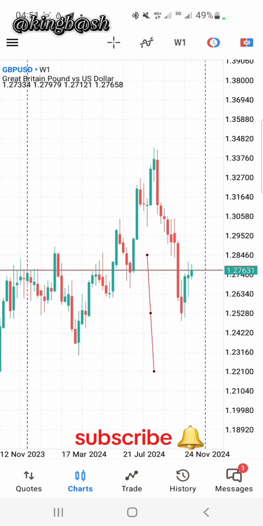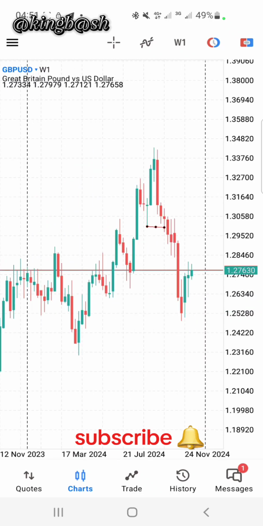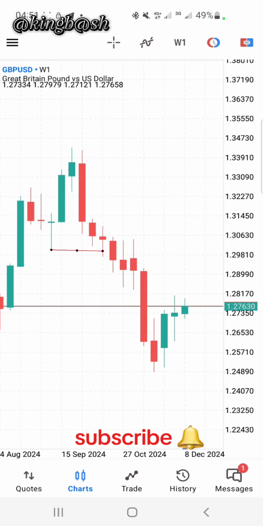But immediately price reaches this level here, you can see the last higher high and higher low. From the last higher low here, price broke it down, price came down. So this is what we call a market structure shift or change of character.